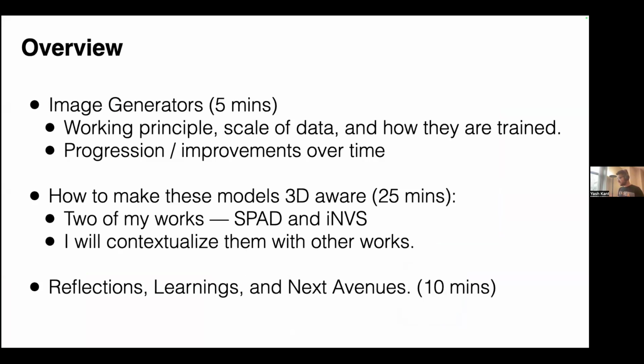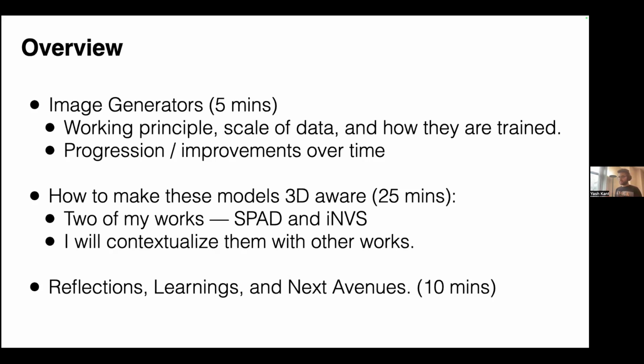Here's an overview slide of what I'll be talking about. I'll first talk about image generators, which are diffusion-based, and what is their working principle, the scale of the data that they're currently trained on, and how they are trained. From here, I'll also briefly mention the progression and the improvements that have occurred in them over time. And the main part of this talk will be about how can we make these models 3D aware.